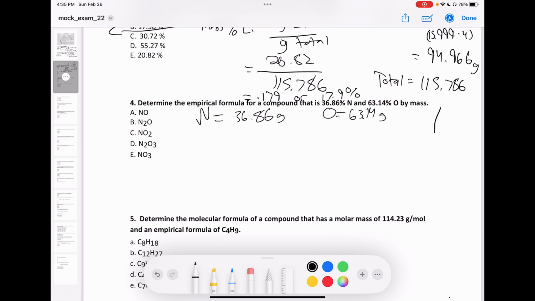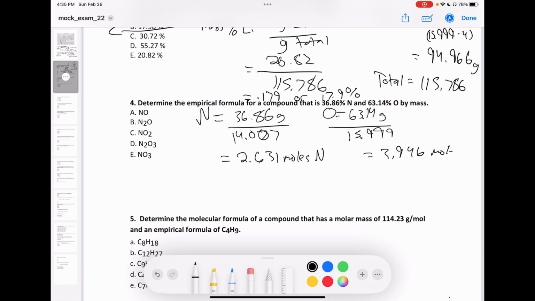So we divide by the molar mass of nitrogen, which is 14.007. Divide by that. The molar mass of oxygen is 15.999. We get 36.86 divided by 14.007. We get 2.631 moles of N, and then we get 3.946 moles of O. Divide everything by the smallest number of moles.